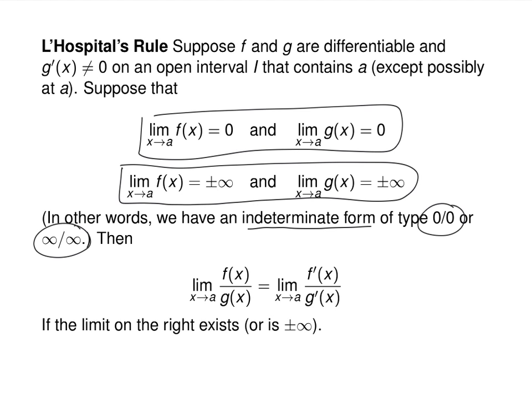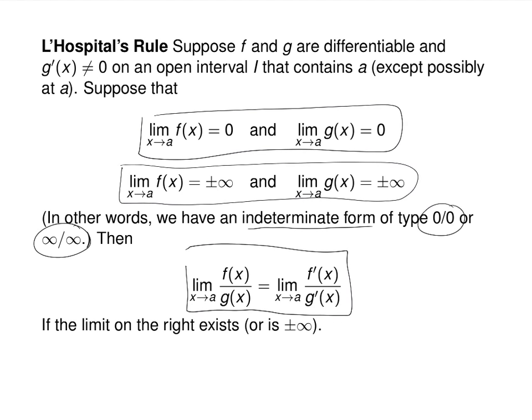And that's called indeterminate because 0 over 0 and infinity divided by infinity are not consistently one thing. They're not defined, but not defined in a specific way. And if the limits of the numerator and denominator are both 0 or both infinity, then you can find the limit of the ratio by finding the limit of the ratio of the derivatives. So this says that those 2 limits will be equal.